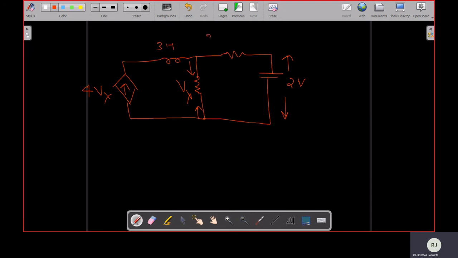Likewise, this dependent current source depends on the circuit voltage. Okay guys, that's why this is called the dependent source, and it is the current dependent source which depends on a voltage in the circuit.